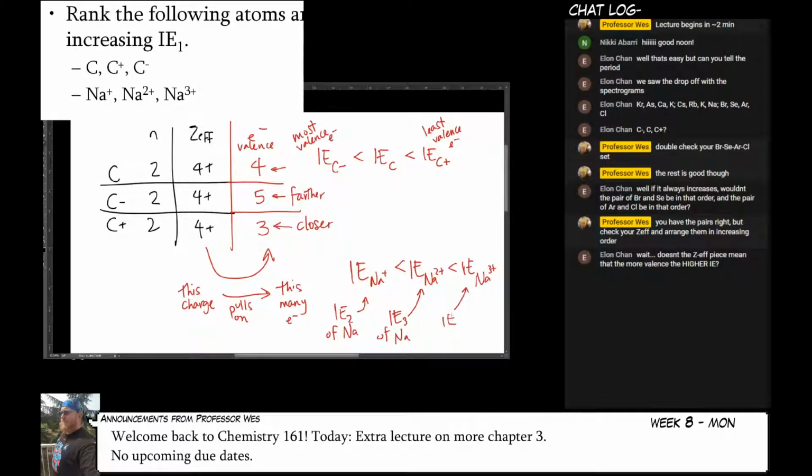And this would be the fourth of sodium. Because to remove a second electron from sodium would be like removing the first electron from sodium plus, and so on. Just another way to look at it.